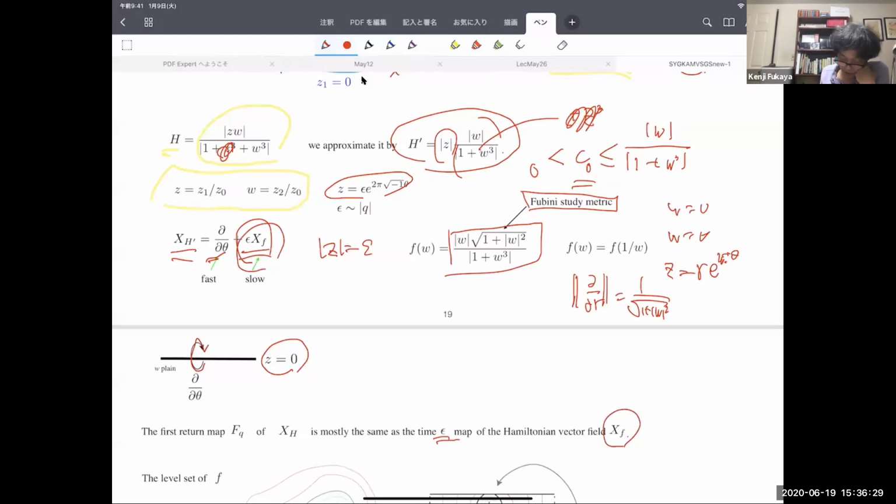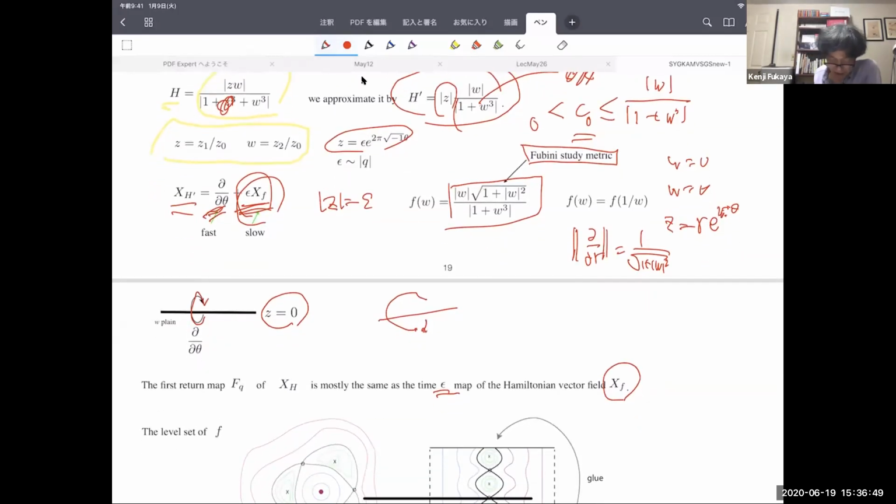Because you have something like here, and you have something here, then you see what happens when you come back. So this first flow is just this rotation, and when you come back, you move a bit along this Hamiltonian vector field of this small f. So this is a kind of usual process in perturbation theory.